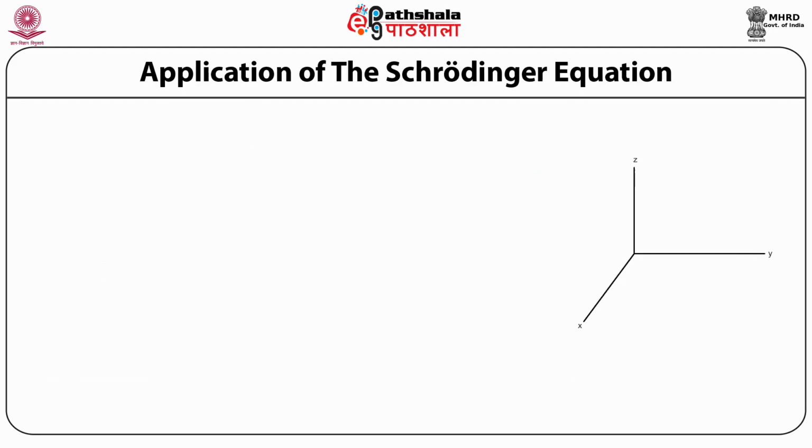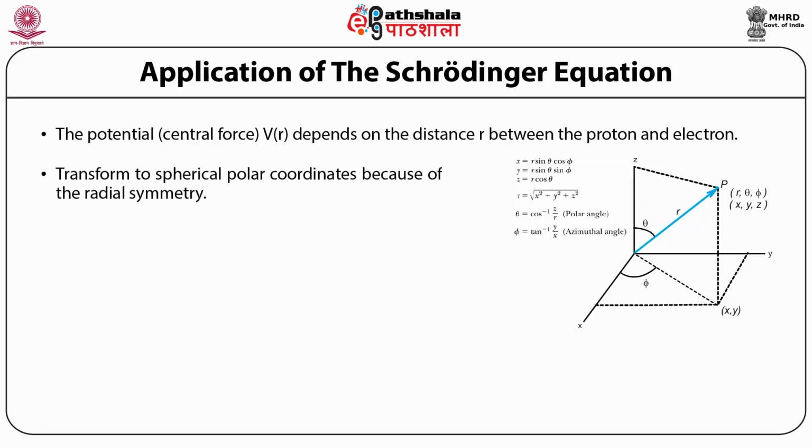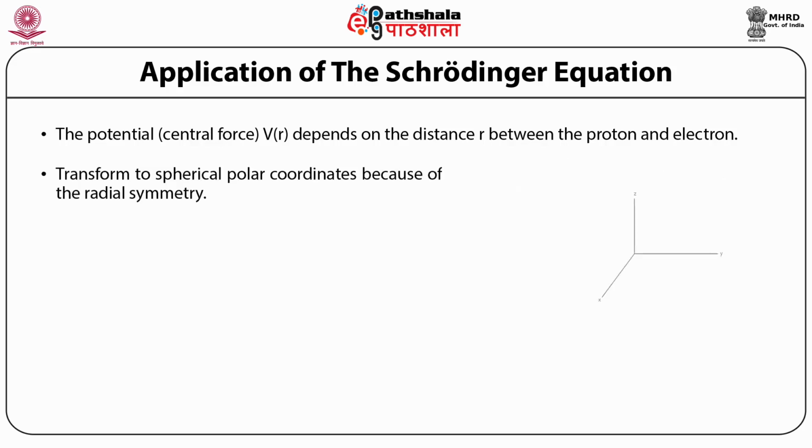Continuing our discussion on the application of Schrödinger equation. The potential V(r) depends on the distance r between the proton and the electron. So we have to transform to spherical polar coordinates because of the radial symmetry.